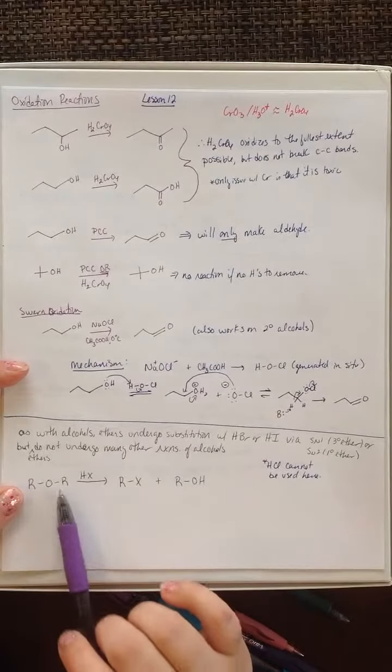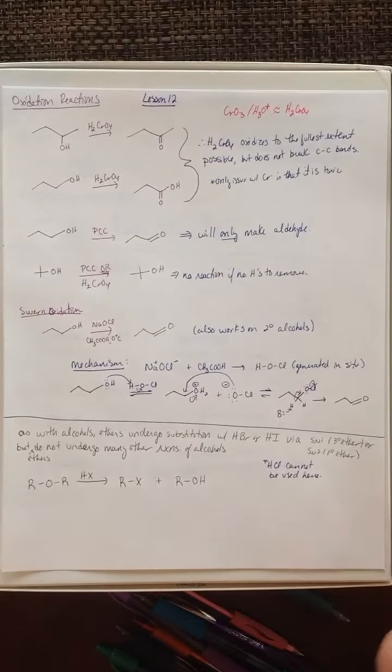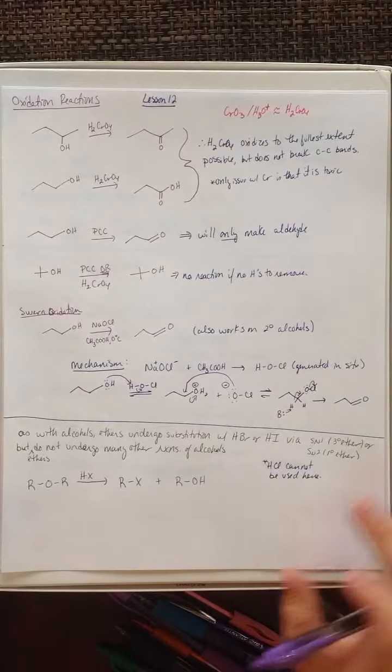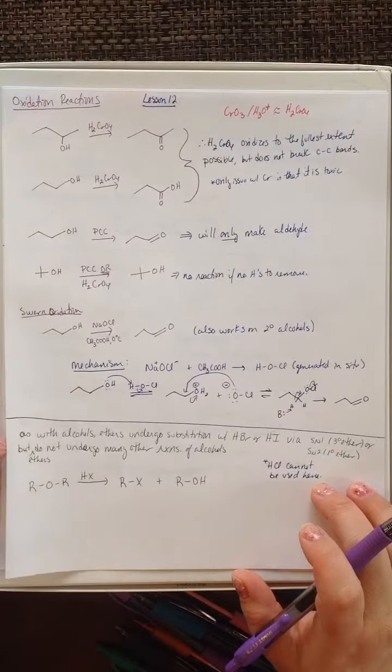So you can break apart epoxides into alkyl halides and alcohols, but you can't use HCl, because if you use HCl, it just doesn't behave very well. HBr or HI will work, and it depends on your reaction conditions, again, whether or not you go SN1 or SN2.